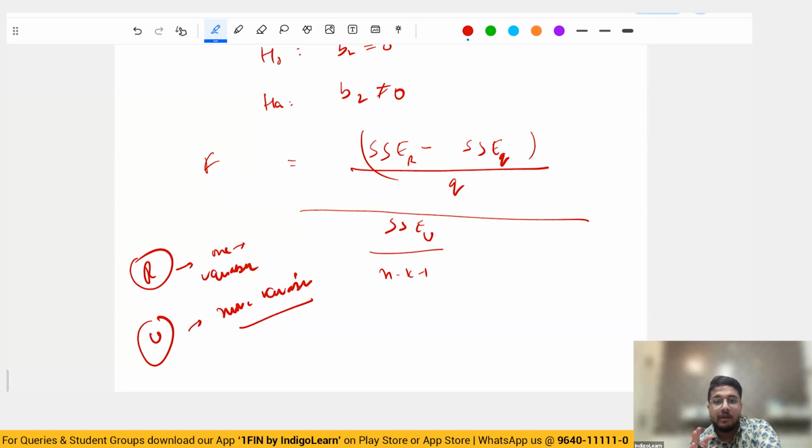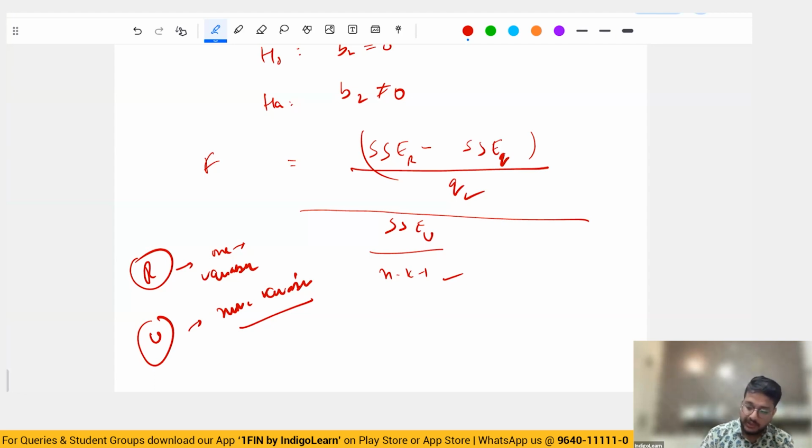So what is this F? F test. We used to do the F test, right? Hypothesis testing, right? So that is that F. And Q and n minus k minus 1 are the degrees of freedom that we used to use.